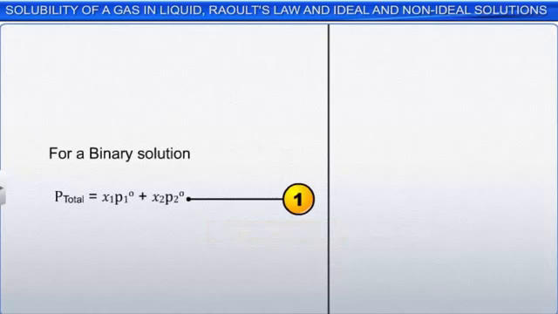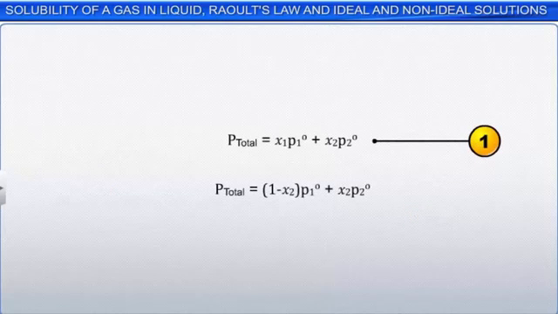Further, you know that for a binary solution, the sum of mole fractions x1 and x2 is equal to 1. Or we can write x1 equal to 1 minus x2. Now substituting for x1 in the equation 1, we get P total is equal to (1 minus x2) P1 naught plus x2 P2 naught.